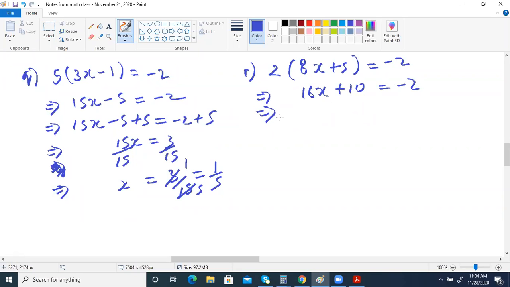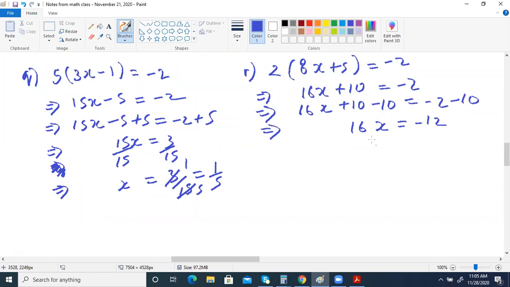And on each side, you're going to add 2. No, sir, minus 10. Sorry, sir. It's minus 10. So 16x equals minus 12.